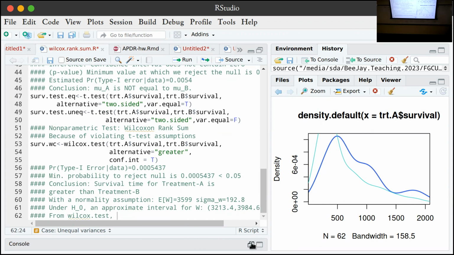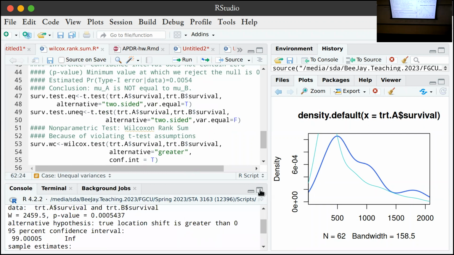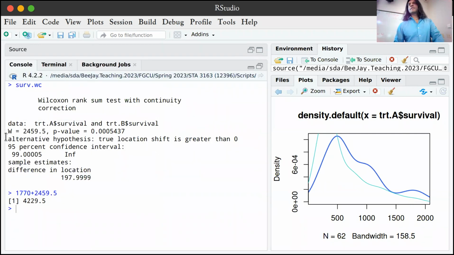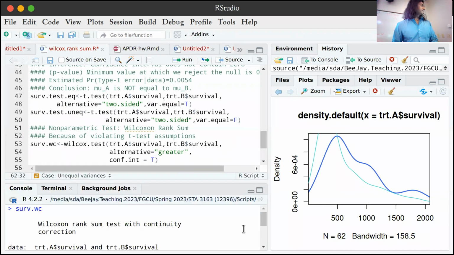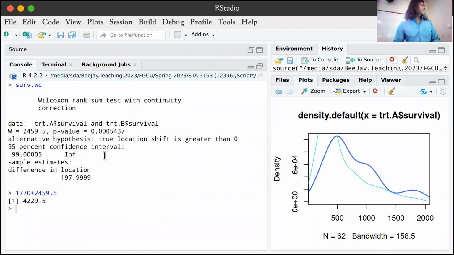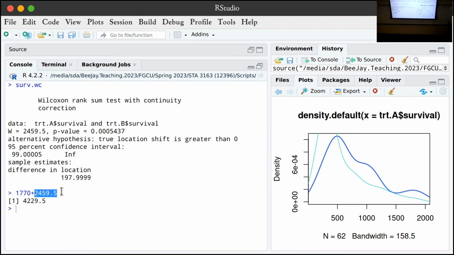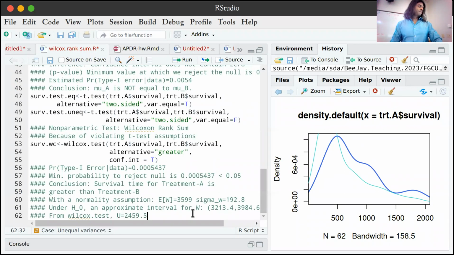Wilcox test, even though it is listed as W, it is not W, rather, it is U. 2,459.5. We took that value and we added that shift, n1 times n1 plus 1 divided by 2, 1770.